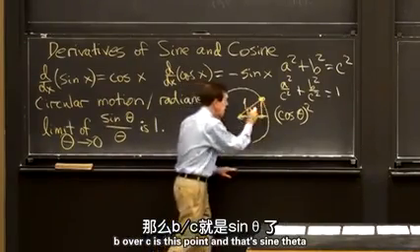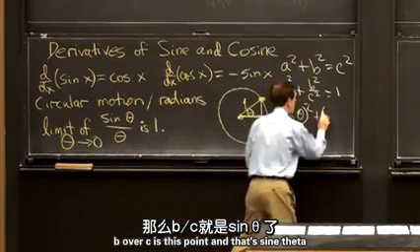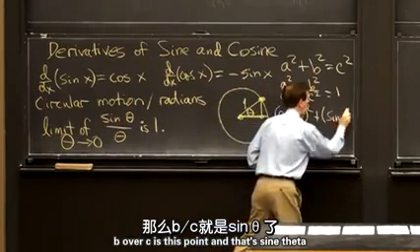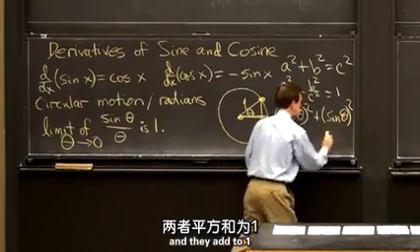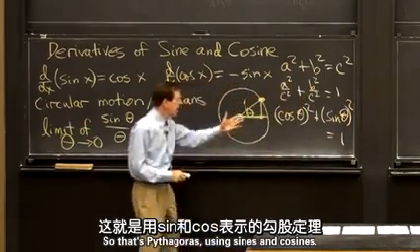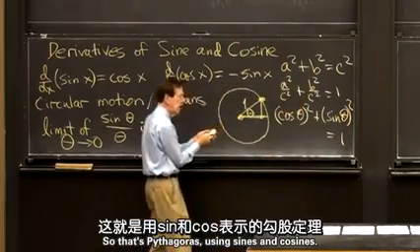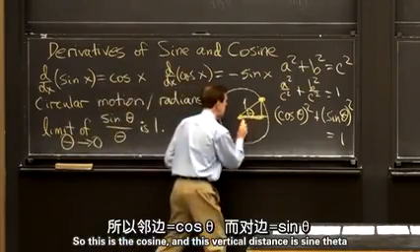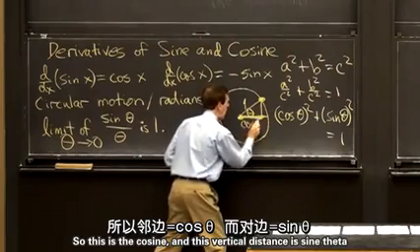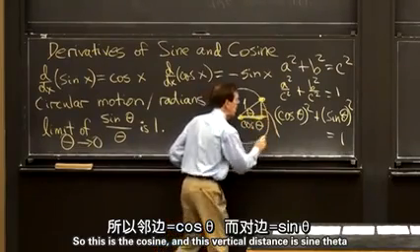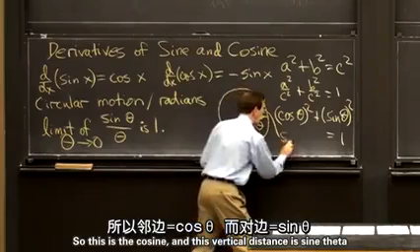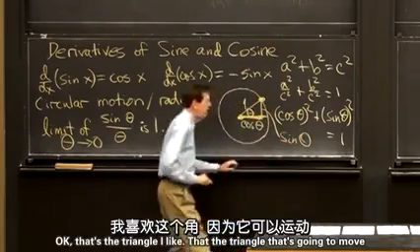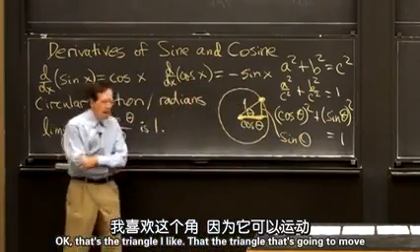B over c is this point, and that's sine theta. And they add to 1. So that's Pythagoras using sines and cosines. So this is the cosine, and this vertical distance is sine theta. Okay. So that's the triangle I like.